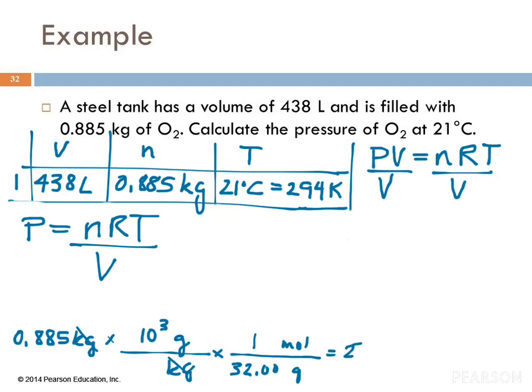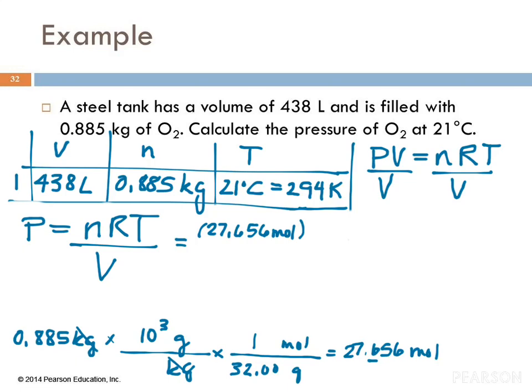So 27.65. This is going to have 3 significant figures. I'm going to carry along 2 extras to avoid rounding errors. 27.656 moles. So now we've got everybody with the right units. 27.656 moles, that's n.